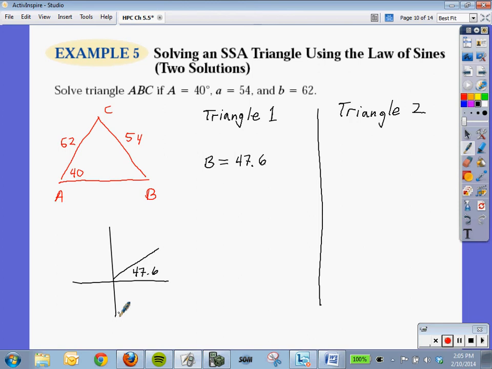But if you were to take 180 and subtract 47.6, it would take you all the way over here to the second quadrant and give you another angle that will produce that same ratio. So if we go 180 minus 47.6, that will give us the other possibility of angle B. We have 132.4.